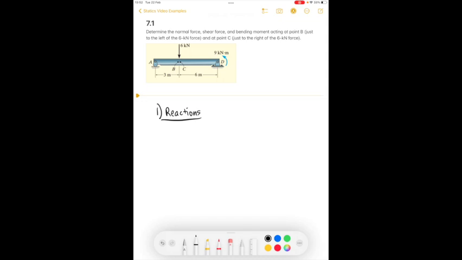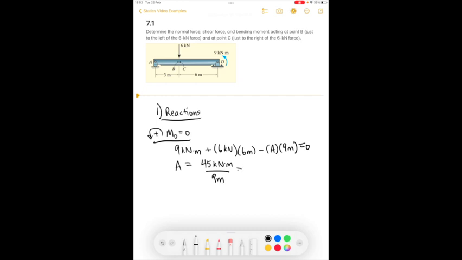I'll start by taking the moment about the point D. Doing this allows me to solve for the force A, and I find that A is equal to 5 kilonewtons.